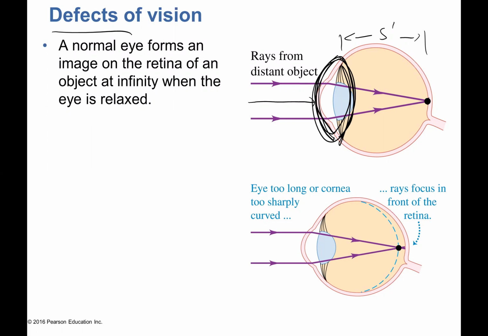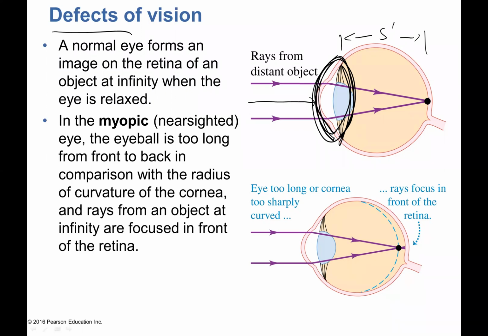For example, in this case, you can have what we call myopia, or nearsightedness, where the eyeball is too long from front to back in comparison with the radius of curvature of the cornea, and rays from an object at infinity are focused in front of the retina. That means it bends it too much, right? It bends it too much.